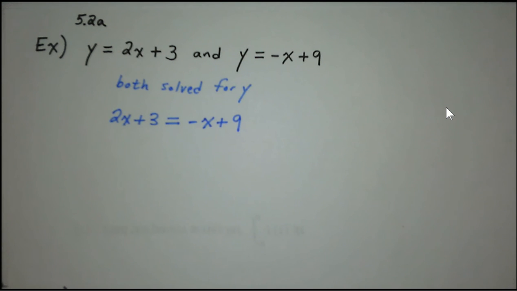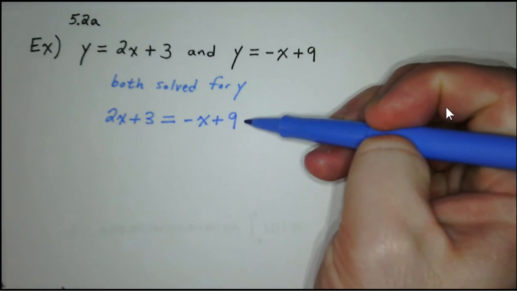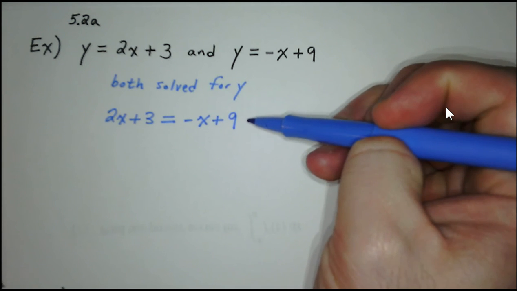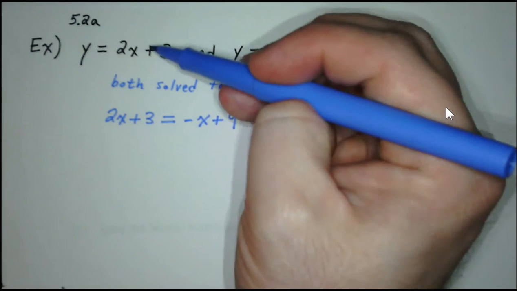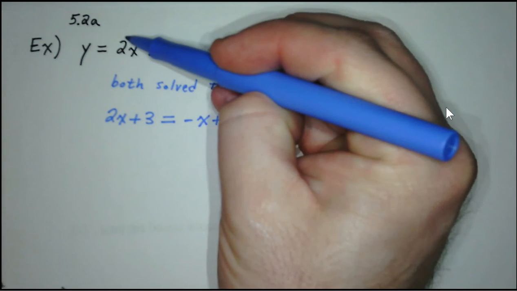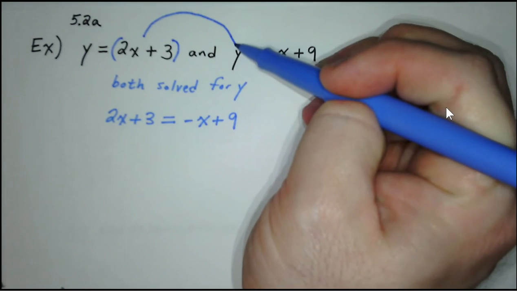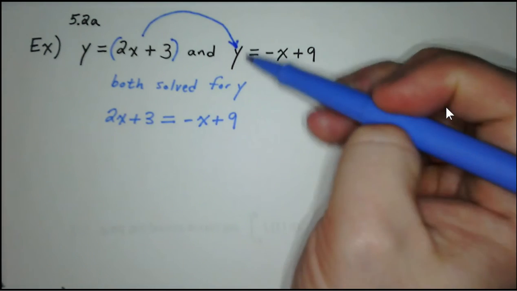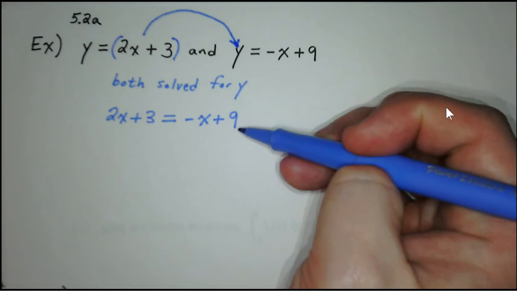What I just did to get this step is technically still the substitution method, like subbing in 2x plus 3 into the y in the other equation. But this is technically substitution.